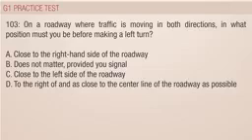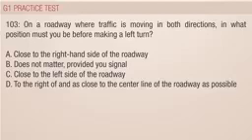Question 103. On a roadway where traffic is moving in both directions, in what position must you be before making a left turn? A. Close to the right-hand side of the roadway. B. Does not matter, provided you signal. C. Close to the left side of the roadway.